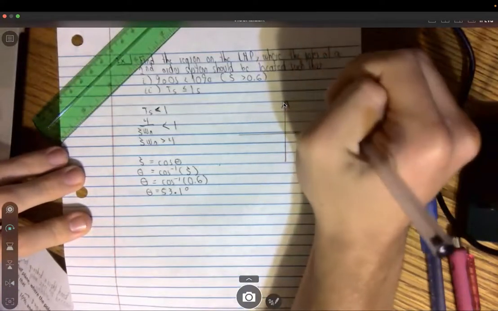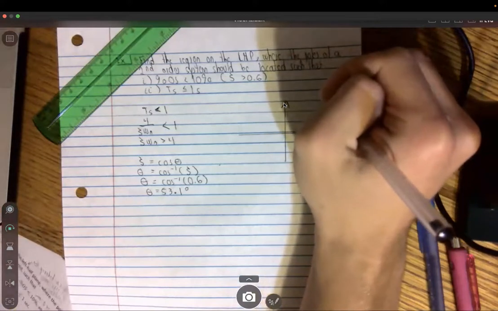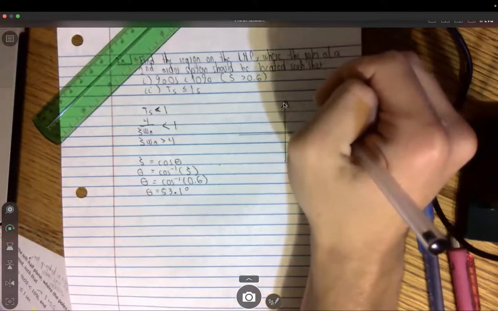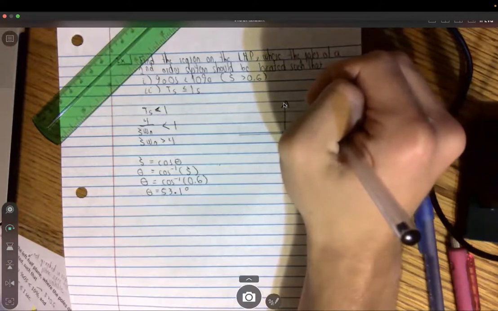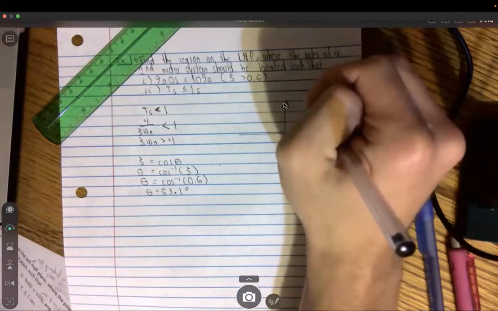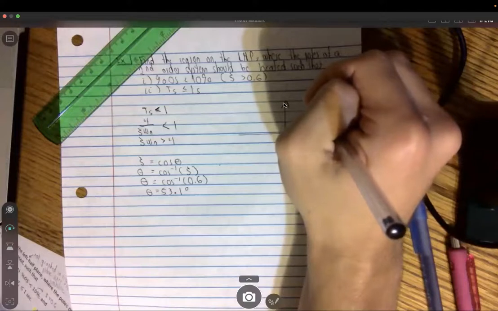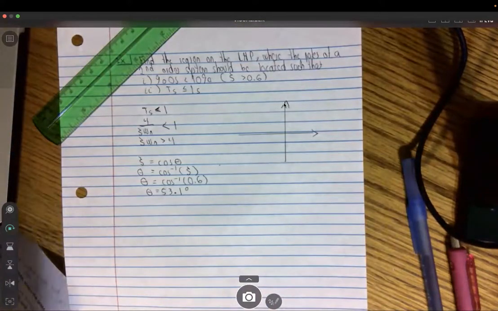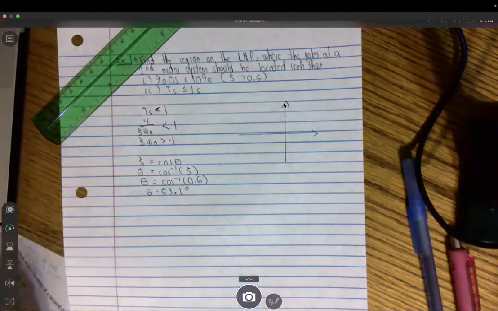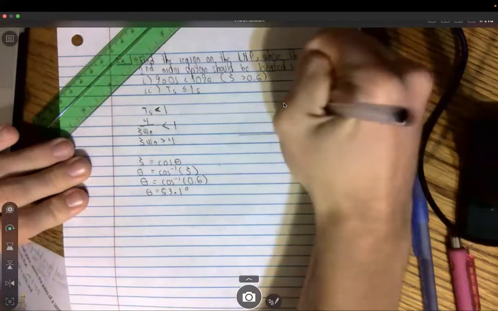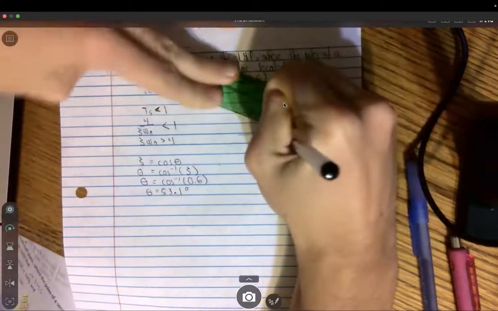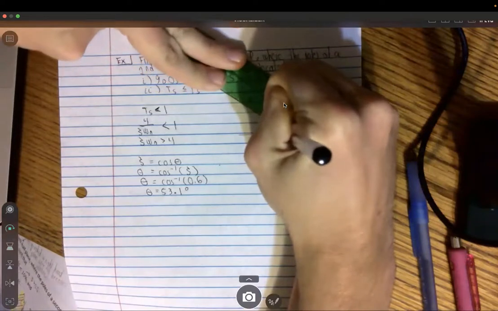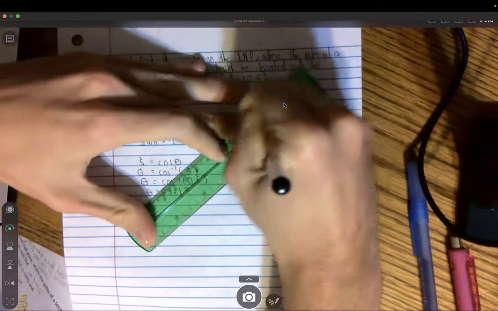So when we make the graph, for the S plane, remember your theta is going to be the value here, around 53.1.